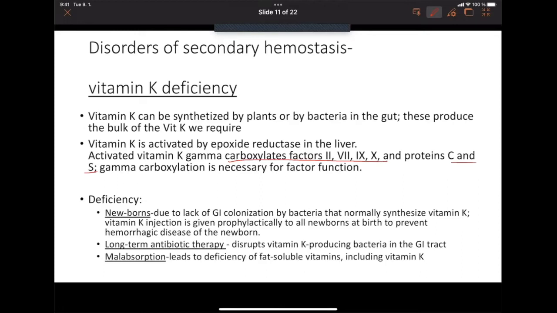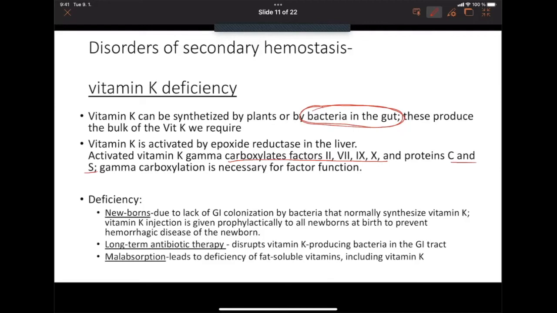Vitamin K is a very important cofactor. It's synthesized in plants and bacteria, in plants so you can eat it, but mainly by bacteria in the gut. So this is the thing to keep in mind, mainly by bacteria in the gut. So obviously in newborns, there is decreased bacteria in the gut because there is lack of GI colonization.